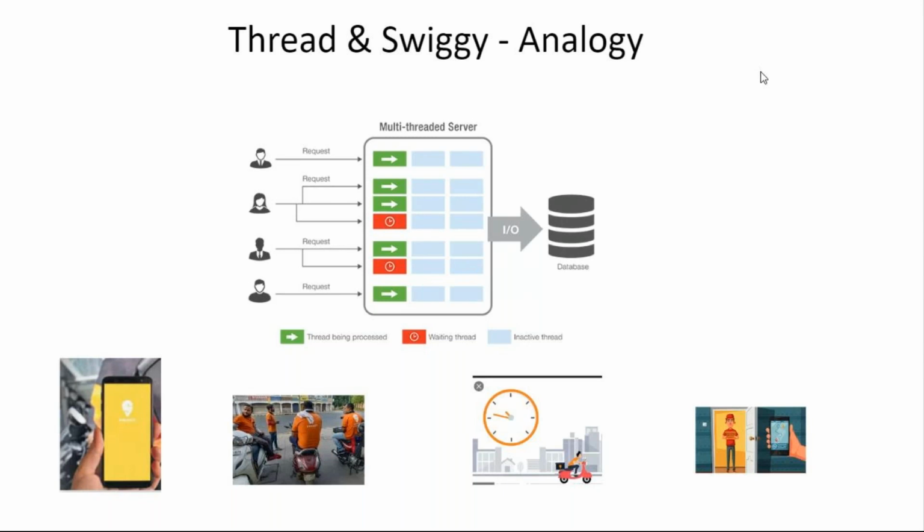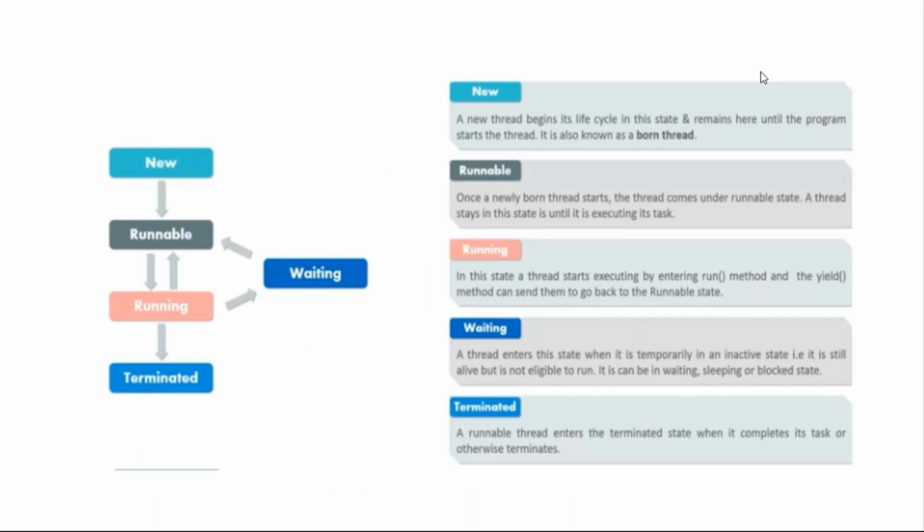The server can intelligently spin off additional threads on demand, right? That's a simple analogy between the way threads operate and Swiggy operates. I thought it would be easy for you to remember if we go with this kind of comparison. So it's not apple to apple, but it's more for us to understand and remember.